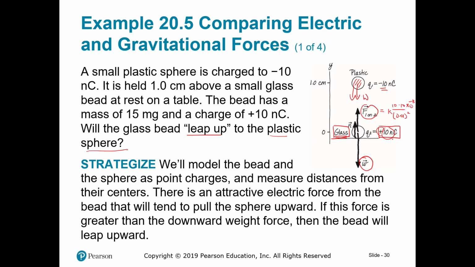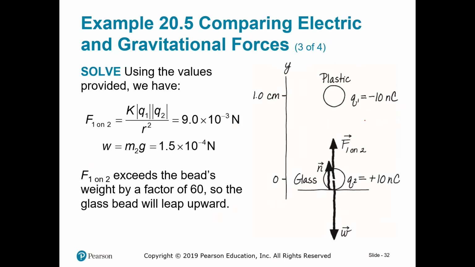So your question is simply whether this electrical force is greater than the weight, right? You can calculate the electrical force quickly and simply. K, I think they don't give you the number, is 9 times 10^9. And then one is minus 10 nanocoulomb, and the other one is another 10 nanocoulomb. So that's gonna be this force.